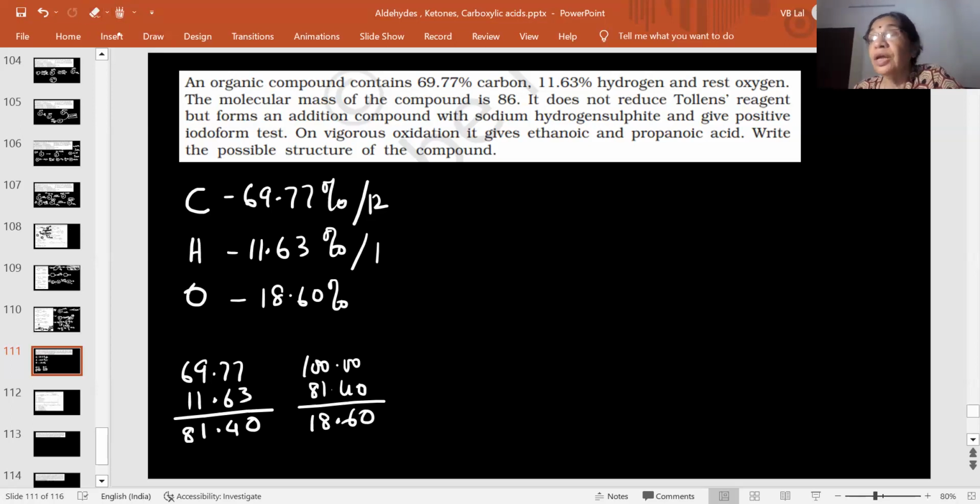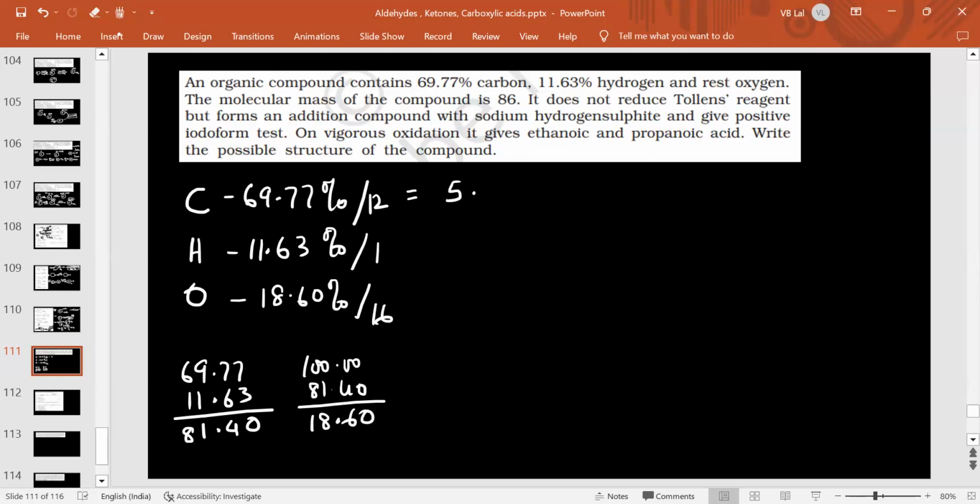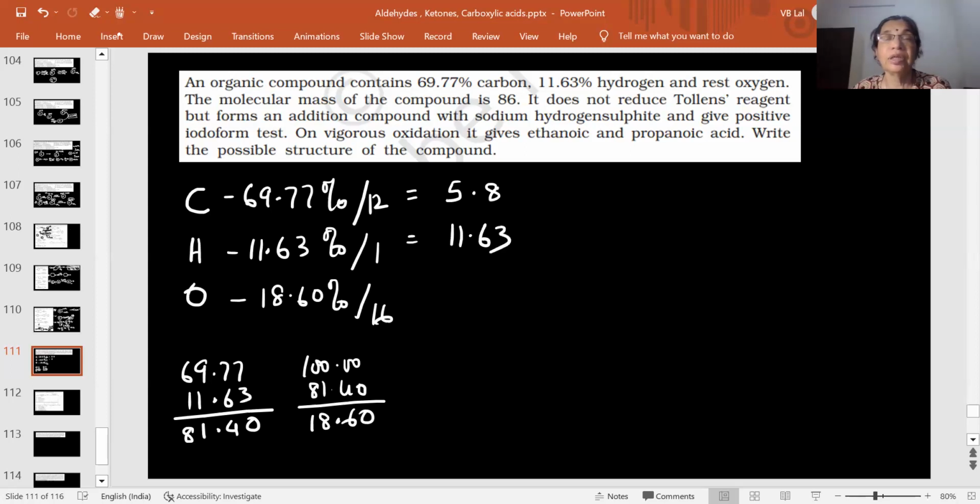First, you have to find the approximate ratio. For that, you divide by the atomic mass of these. Carbon is 12, hydrogen is 1, and oxygen is 16. So 69.77 divided by 12, how much is it? It is 5 point something, 5.8. And this is 11.63.